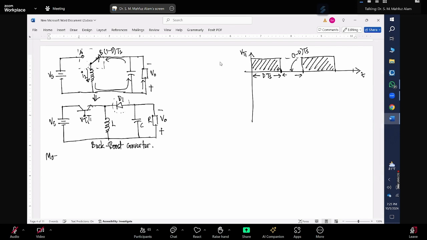For mode 1, we are putting pulses at the base of the transistor T1. So transistor T1 will be on for D multiplied by Ts time. And as the transistor turns on, the circuit will look like this.